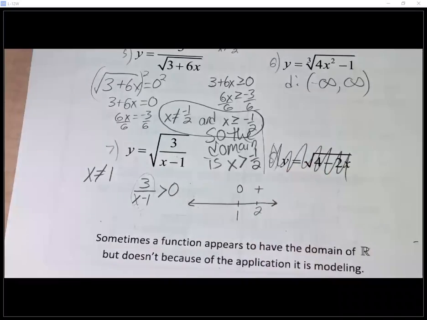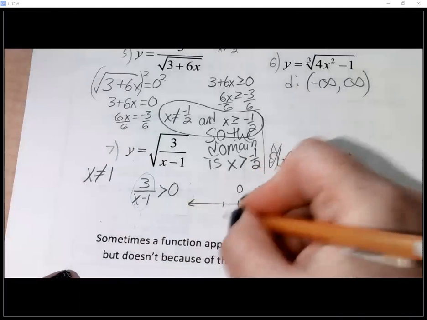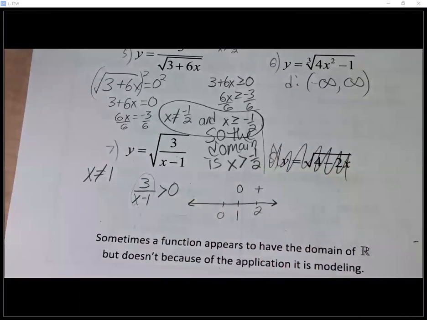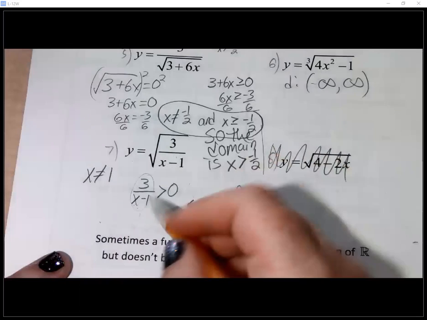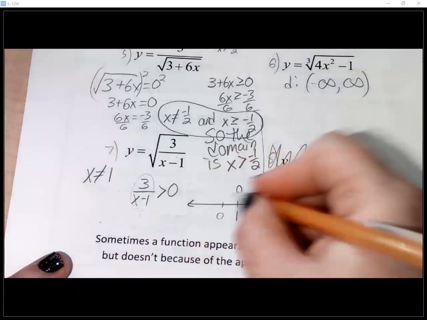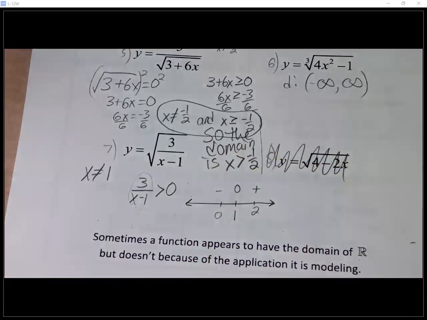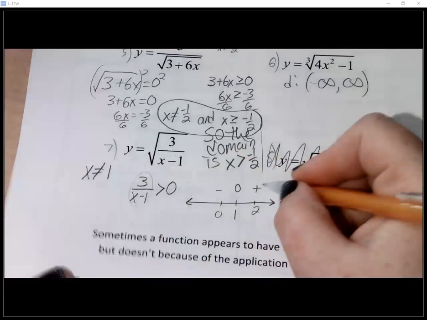If you plug in a number on this side, let's say 0, don't you get a negative? Do you see that? Wouldn't this turn into a negative now? So these would be negatives. So if I want everything to be greater than 0, that means my domain is represented right here.